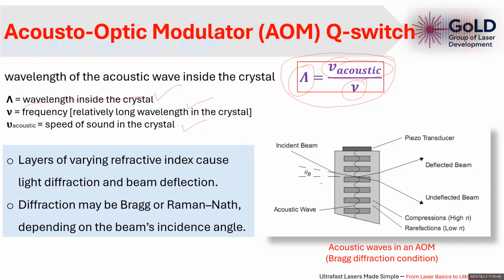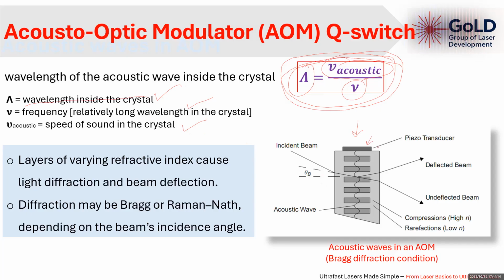In the crystal it may be different, and in air it is different. So with the help of this formula, we can calculate any of the things we don't know, whether it is frequency or wavelength. The acoustic speed is usually considered constant.